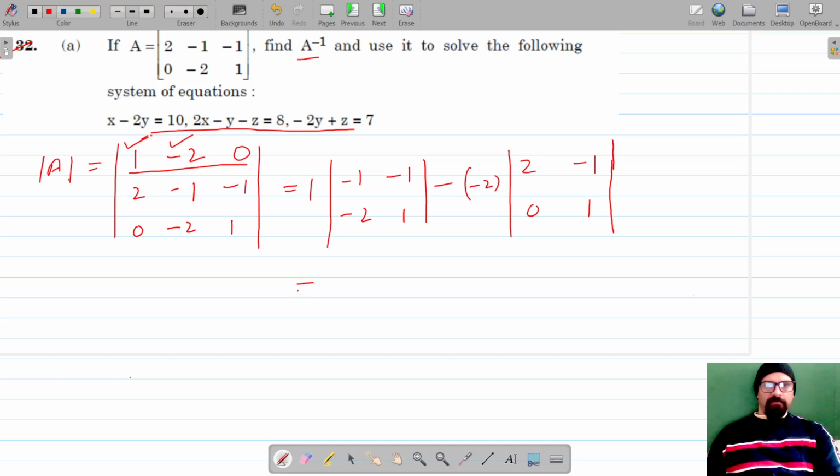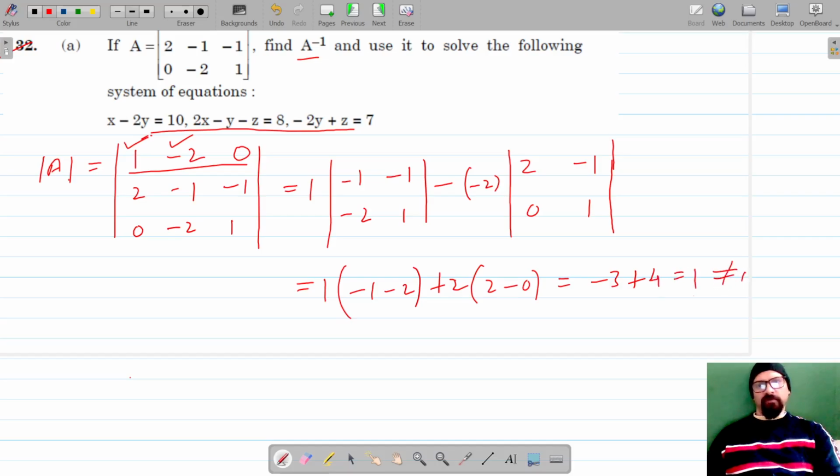Now this is equal to 1 into negative 1, negative 2, so this is plus 2, 2 minus 0. So this is negative 3 plus 4, which is equal to 1, which is not equal to 0. That means A inverse exists.